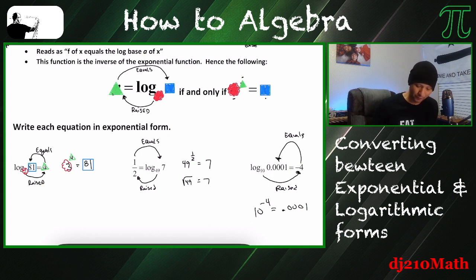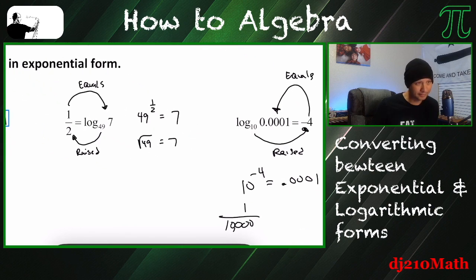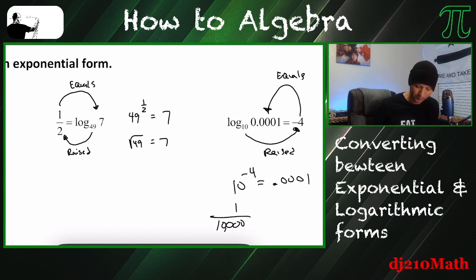And that makes sense, because if you have 10 to the 4th power, that's 10 times 10 times 10 times 10, so basically 10 with 4 zeros, but it's negative, so it's going to go to the bottom of a denominator. 1, 2, 3, 4. So 1 over 10,000 is 1 ten-thousandth. Converting that to a decimal: tenths, hundredths, thousandths, ten-thousandths. Now notice the little swirl that I'm saying, that always happens.